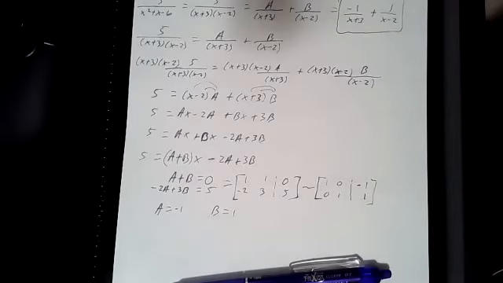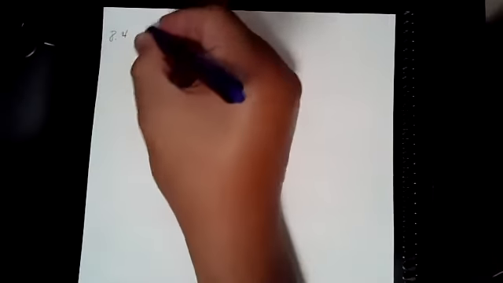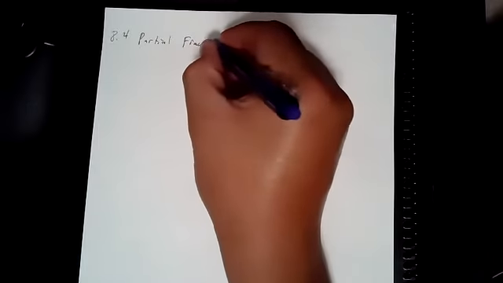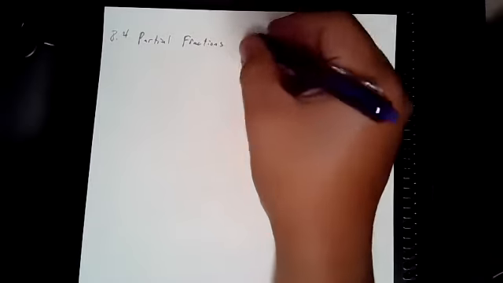All right. Well, let's go back to Cal 2, right? All right, so this is 8.4, partial fractions decomposition.